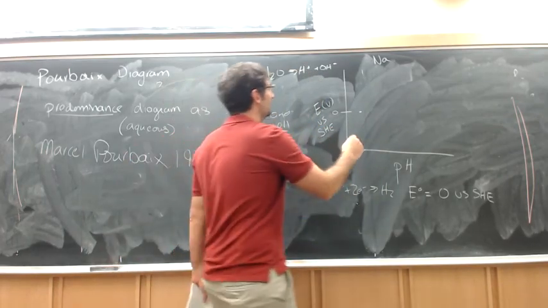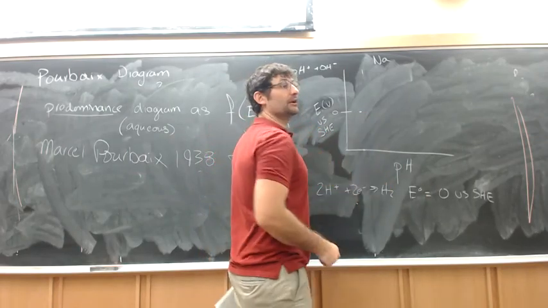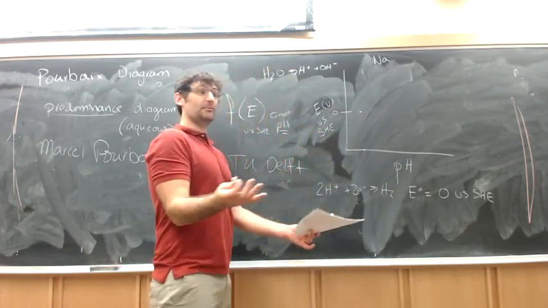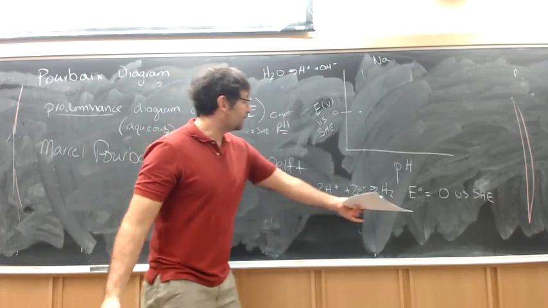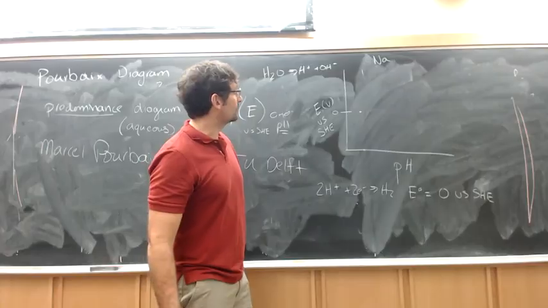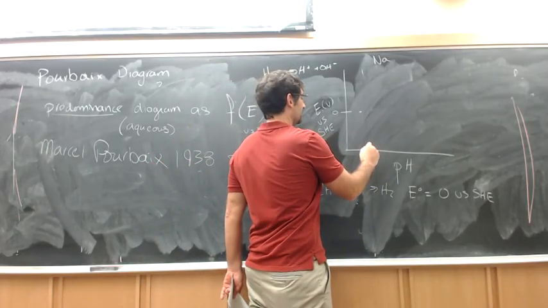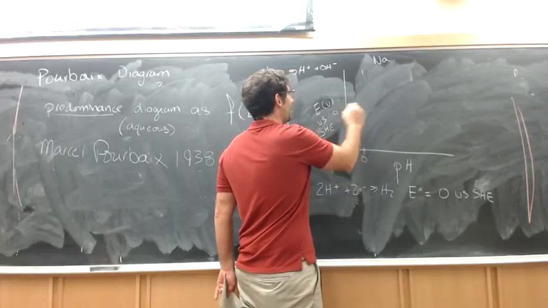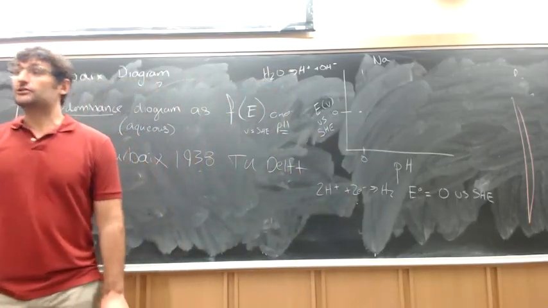So that's going to be the potential where this reaction is in equilibrium. For example, if I have a platinum electrode in water and I have hydrogen at 1 atmosphere and protons at unit activity, it will be in equilibrium with that solution at pH 0 at 0 potential versus standard hydrogen. It's just the definition of the standard hydrogen electrode, right?